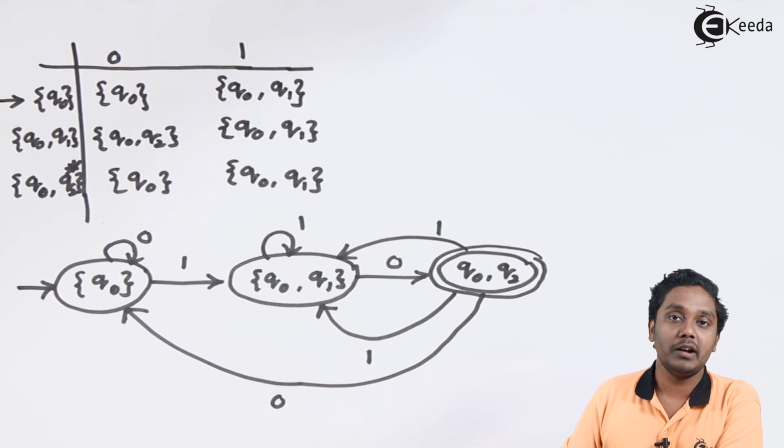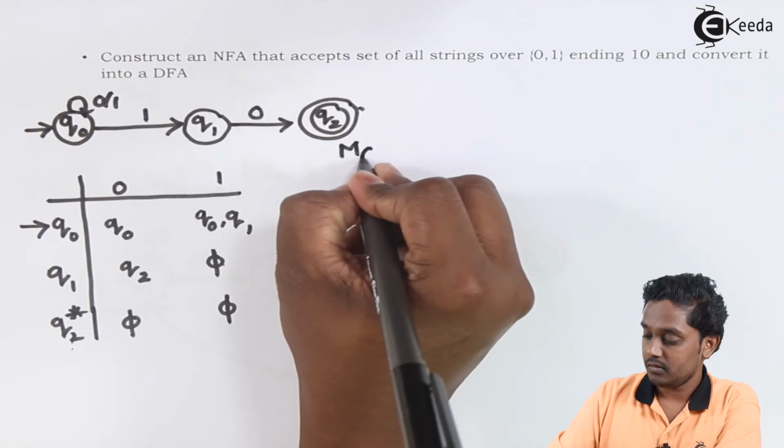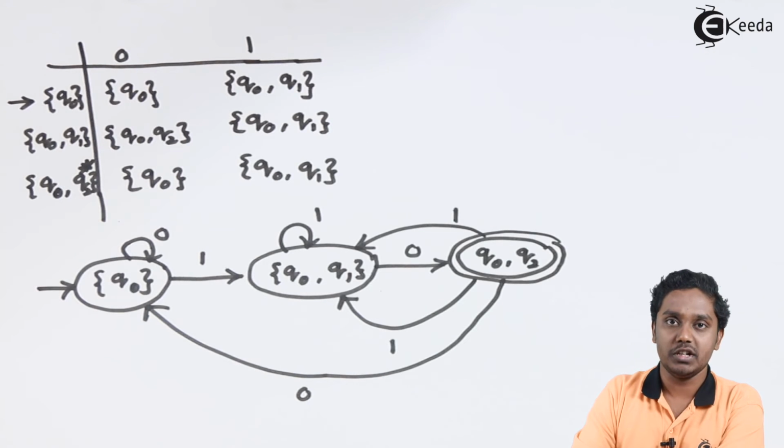Now let us see the mathematical definition of these two machines. Let us name this machine M6 and let us name this machine M6 cap.